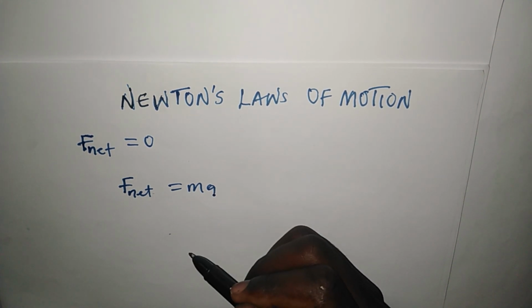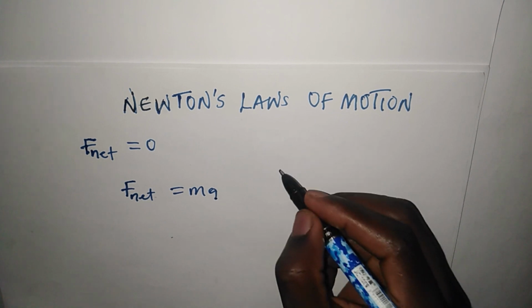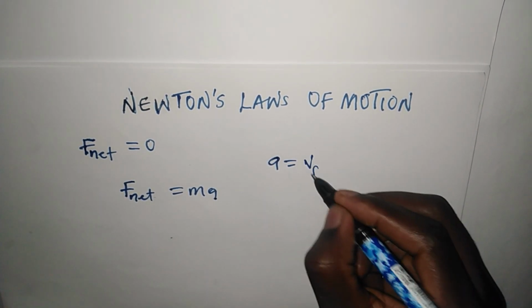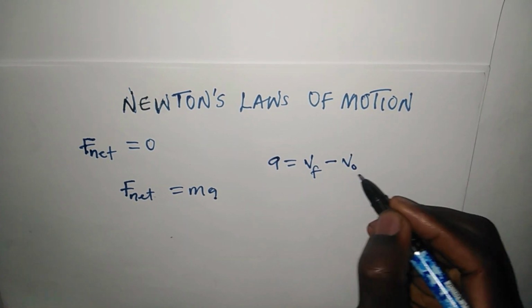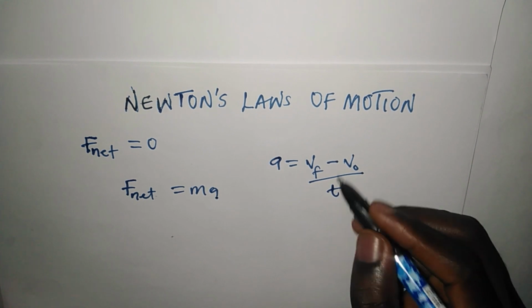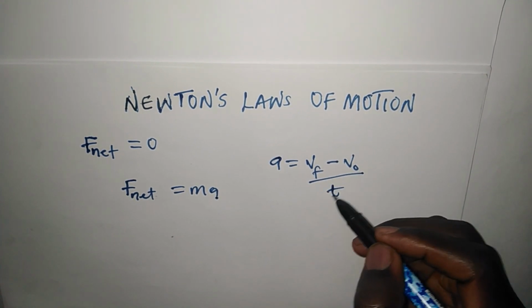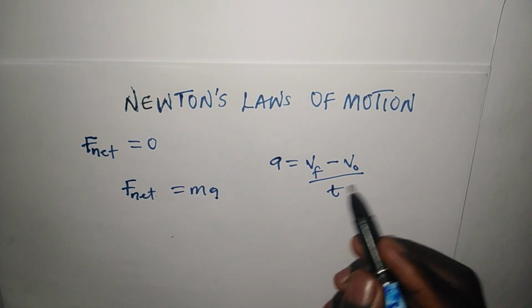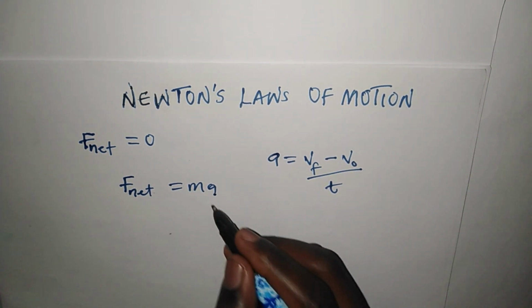Now we know that A, which is acceleration, is equal to final velocity minus initial velocity divided by change in time. So this is just the change in velocity all over change in time, right? Now you can carry this particular equation and replace it here.